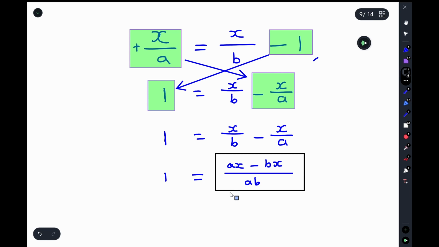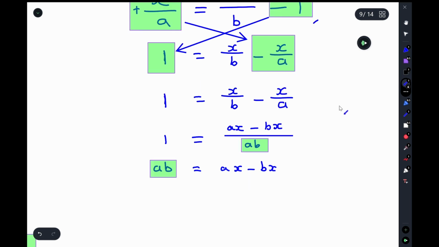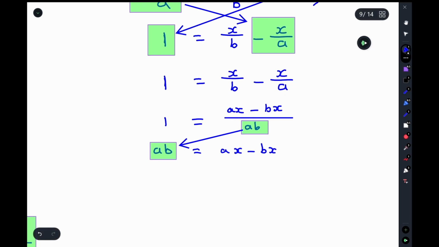What we're going to do next, we're going to move ab to the left hand side of the equation. So as we can see, we've moved divide by ab to the left hand side. It becomes multiply by ab. ab multiplied by 1 will still give us ab. The next thing we want to do now is factorize the right hand side of the equation.